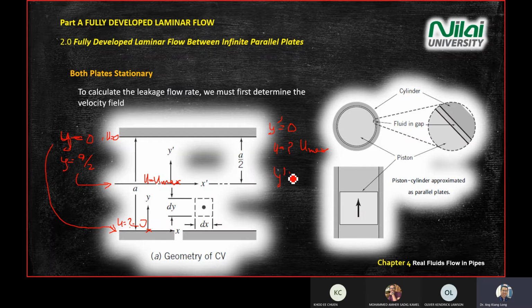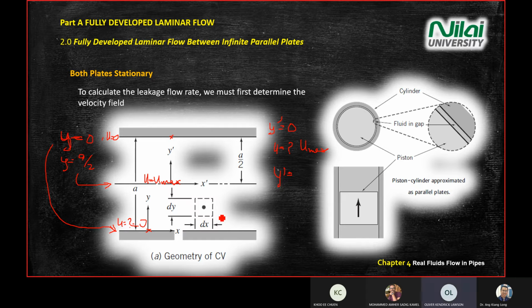Another question for Oliver. When my Y prime is at the wall, what is the value of Y prime? When I use the second axis here, and I want to define this location, what is my Y prime value? By using this diagram, is it 0?